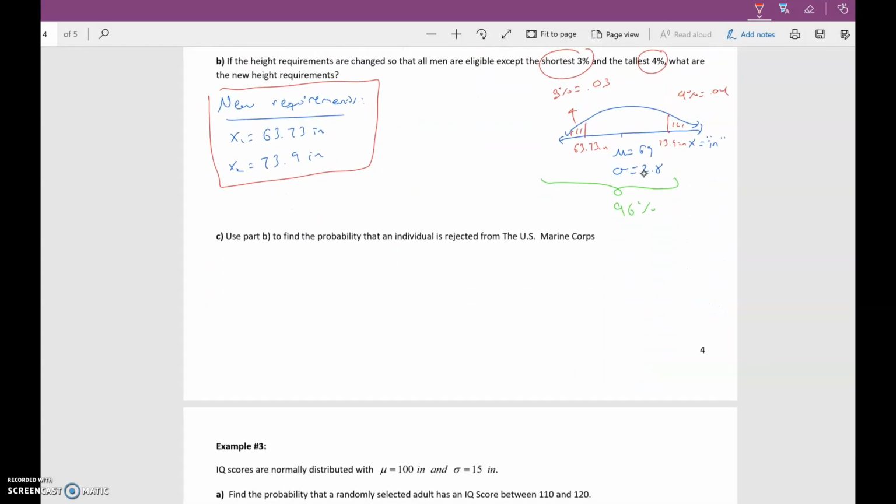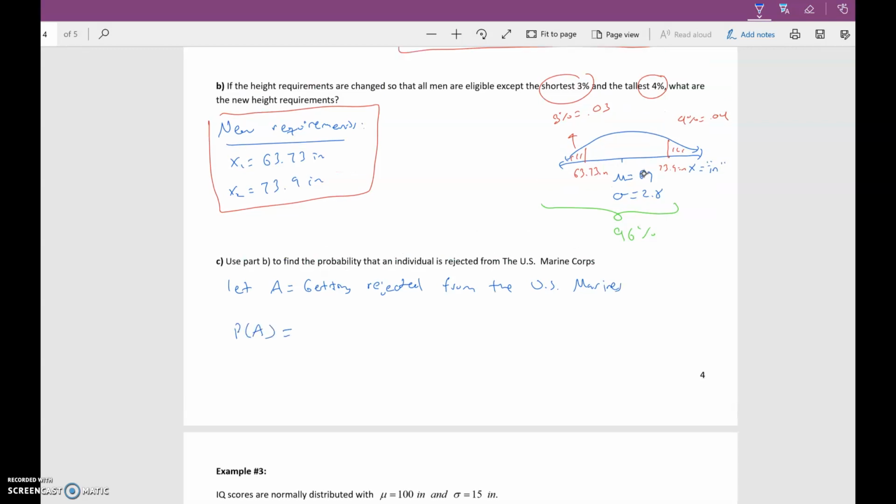Let's take a look at part C. They're just talking about the probability of being rejected. So I'll just say let A equal being rejected from the Marines. So the probability of A is equal to the following.